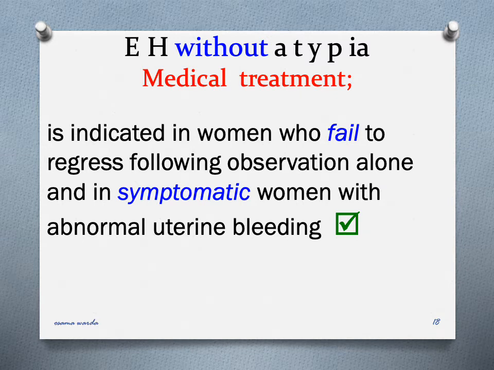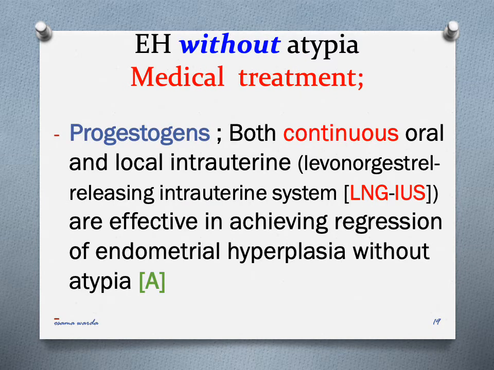Medical treatment of hyperplasia without atypia: progestogen or gestogen, both continuous oral and local intrauterine levonorgestrel releasing intrauterine system are effective in achieving regression of endometrial hyperplasia without atypia. So, gestogen when given must be continuous.